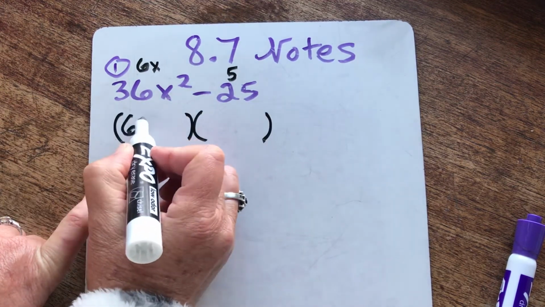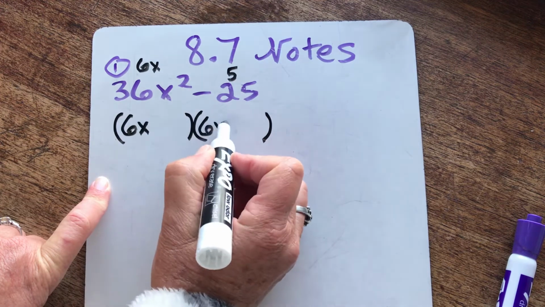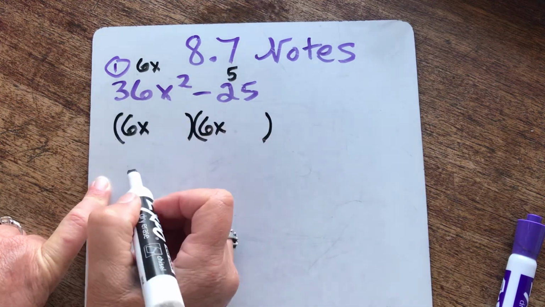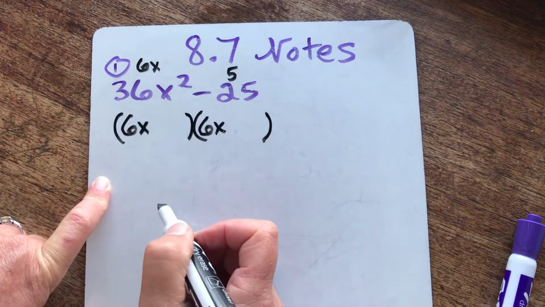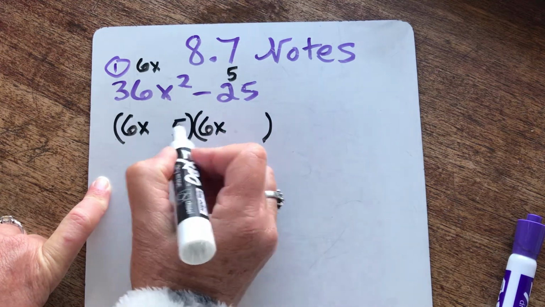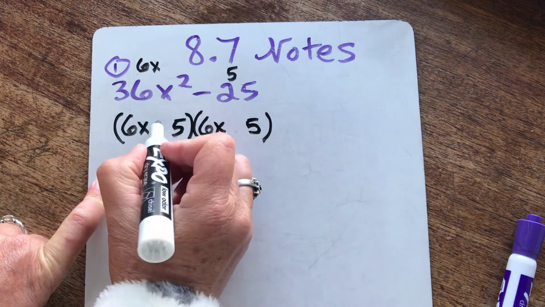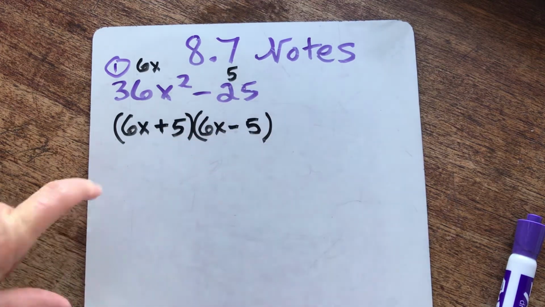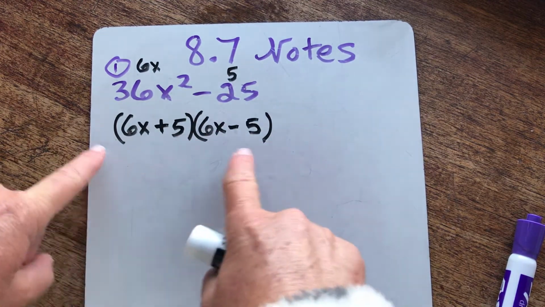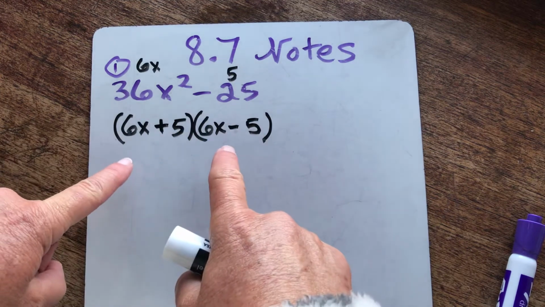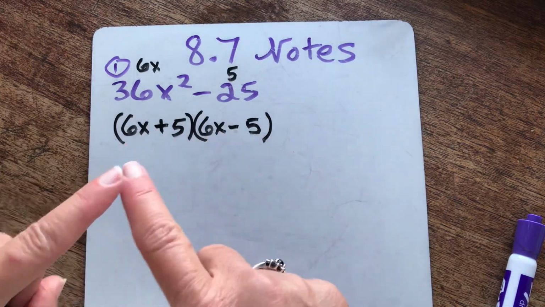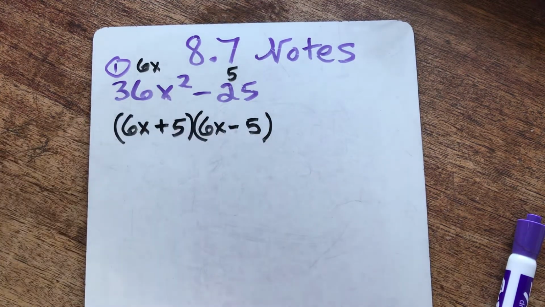We know that 6x goes in the front. 6 times 6 gives me the 36. X times x gives me the x squared. And in the back are 5s, because 5 times 5 gives me that 25. And we know we're going to have conjugate binomials. So this thing in black is my answer. It is what I could multiply to go back to that purple difference of perfect squares.